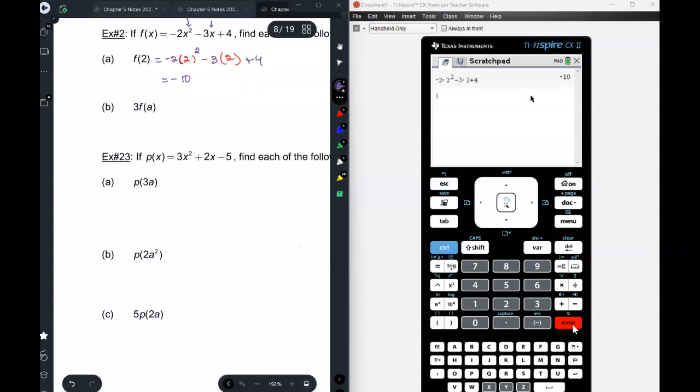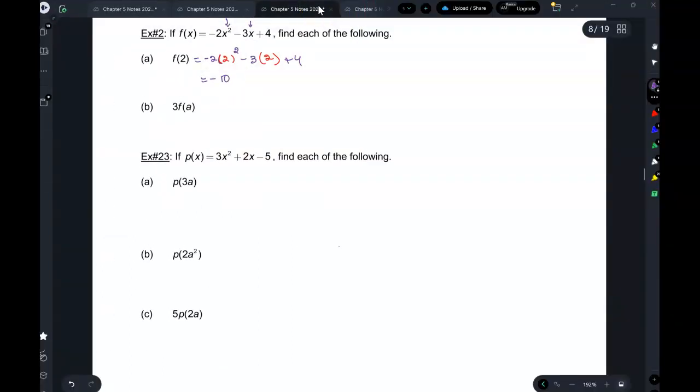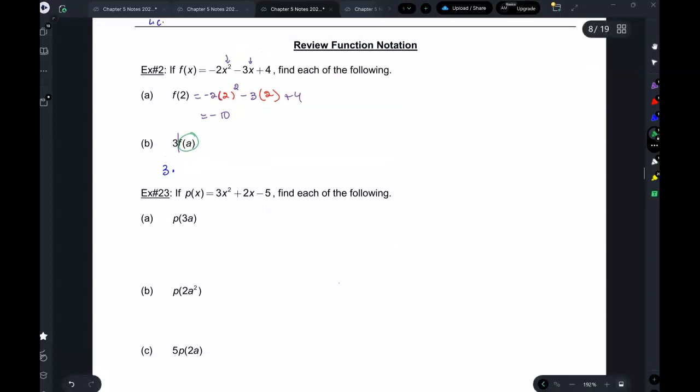So now this is 3 times f of a. For this one, we have to kind of split this up. This is 3 times, now, what is f of a? f of a is when you put a instead of all of the x's. So in parentheses, we're going to do negative 2a squared minus 3a plus 4.